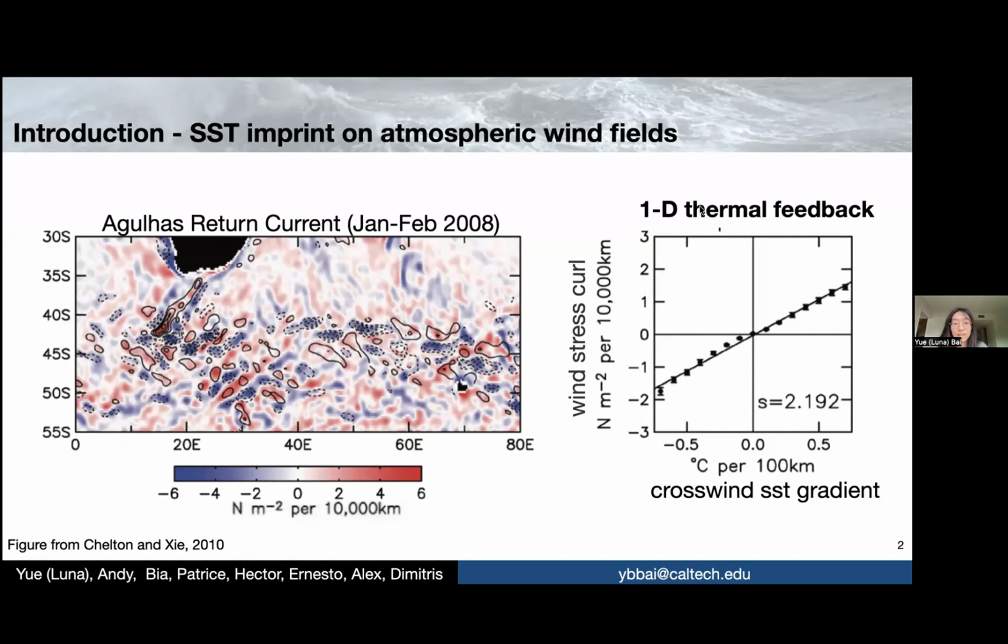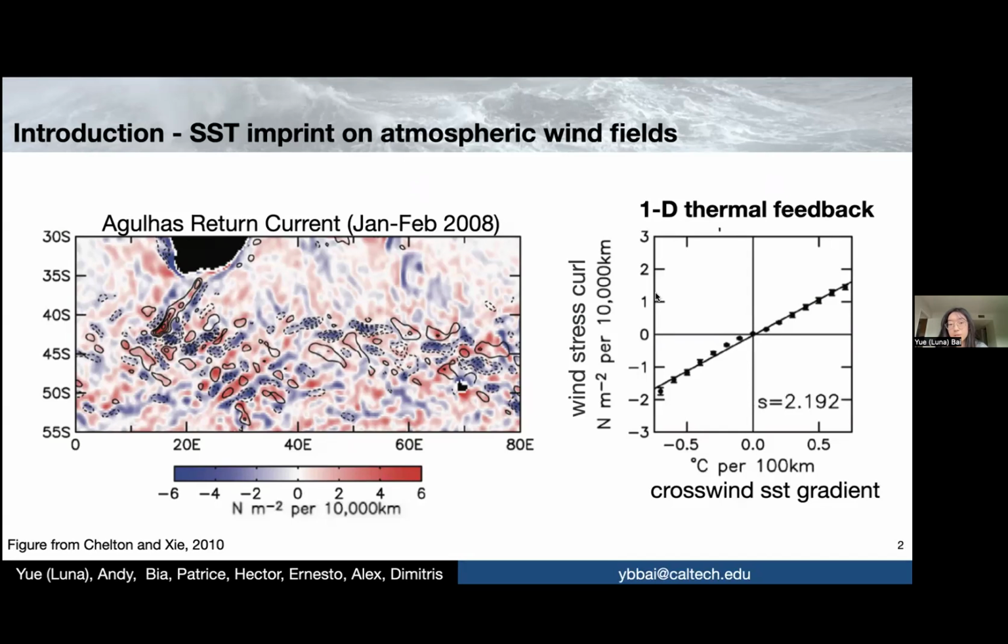And here is an example study by Chelton and Xie 2010. On the left, the color map is showing the wind stress curl, and the contours overlaid are the crosswind SST gradients. And just by looking at it, we can see there's this really strong spatial correlation between these two.